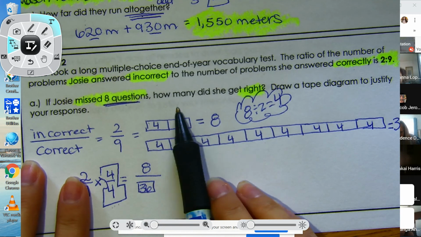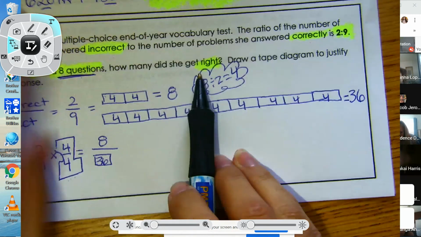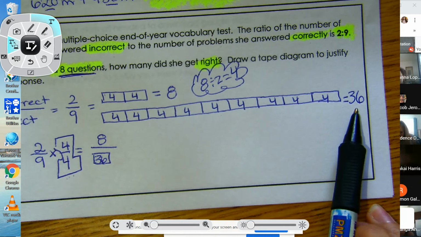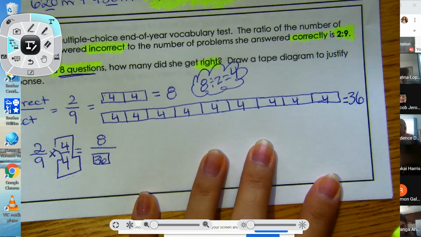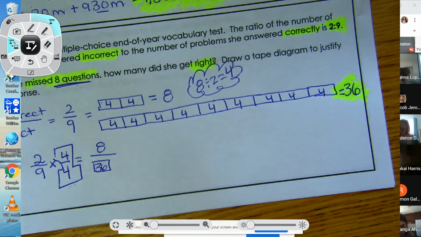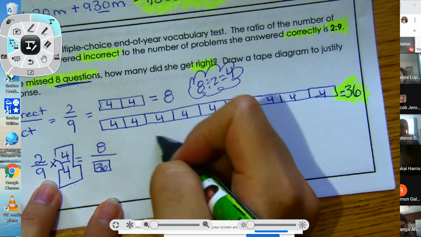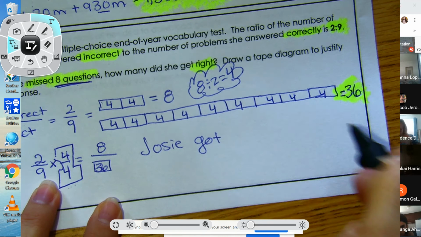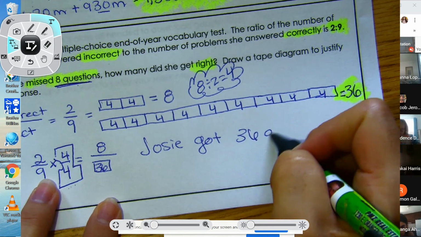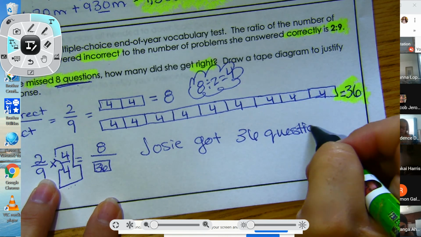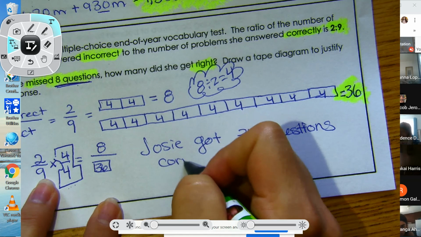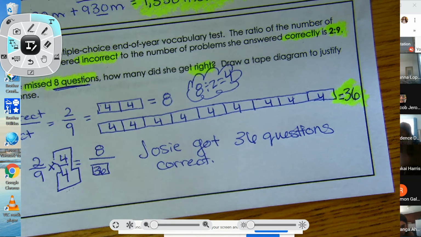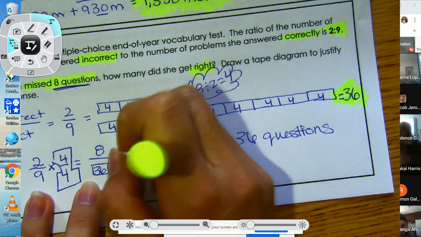The question again asked, how many did she get right? We can now answer. We can say she got 36 right. So in a sentence, I'm going to say, Josie got 36 questions correct. Josie got 36 questions correct.